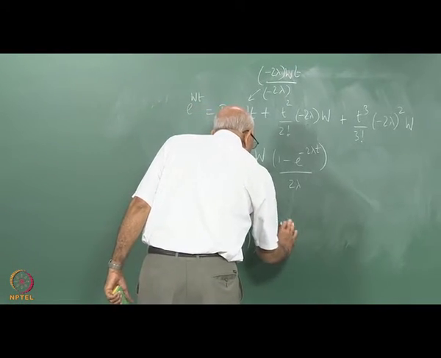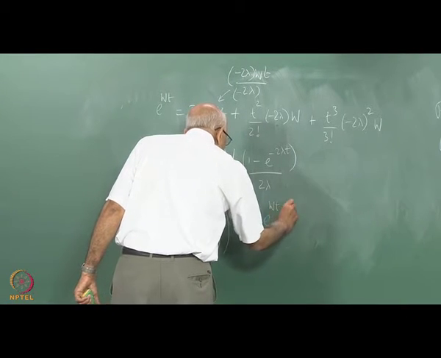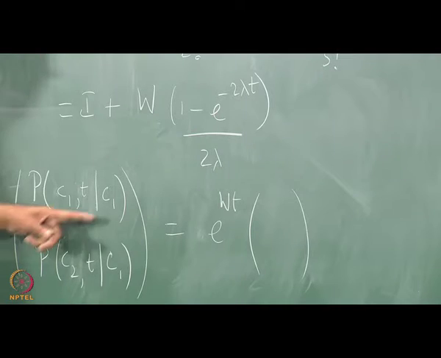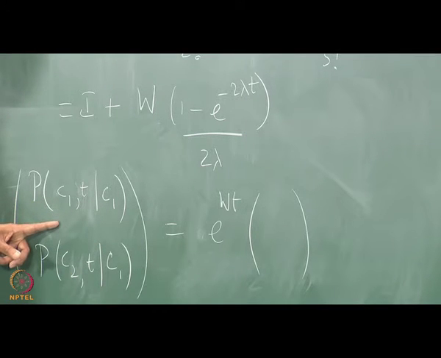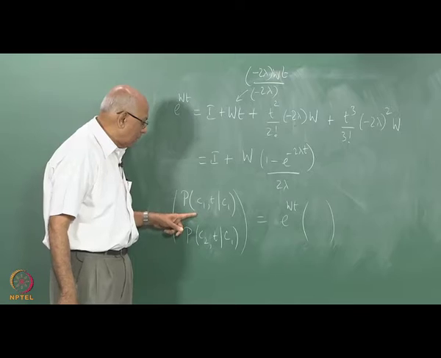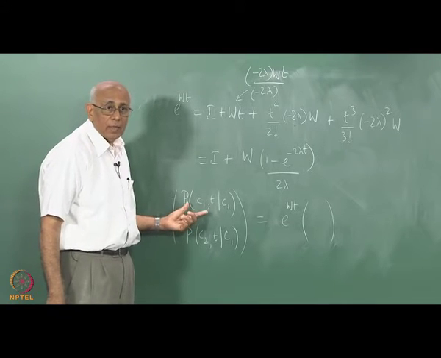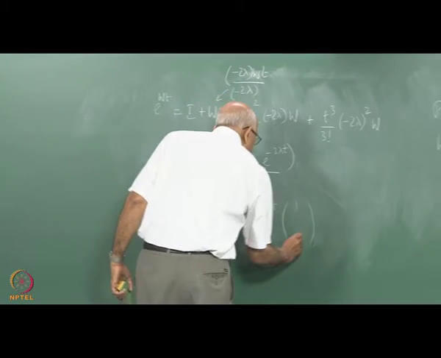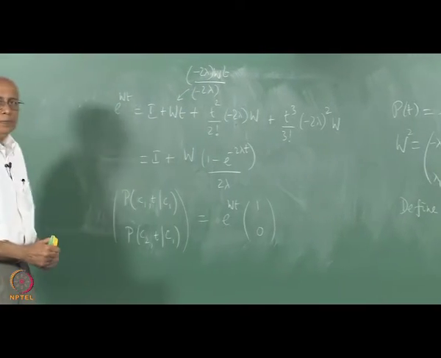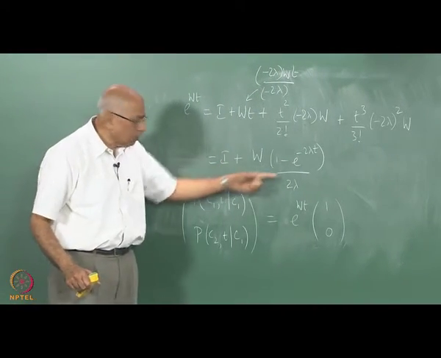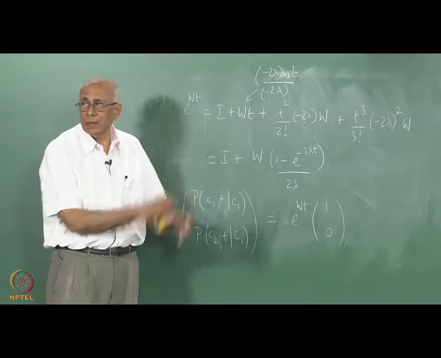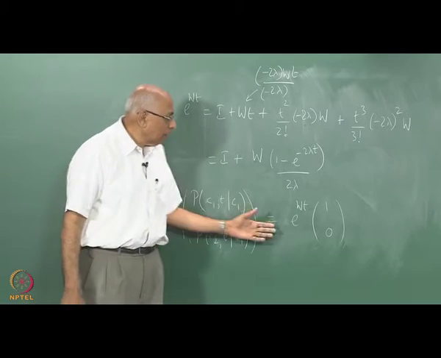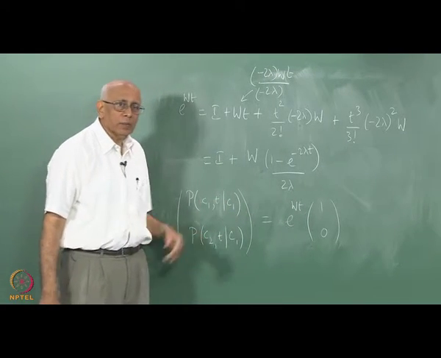What is this equal to? This is e to the wt on the initial matrix. And what is the initial matrix? If I start with C1, it is equal to 1 at t equal to 0. So all you have to do is apply this 2 by 2 matrix, because we know both W and the initial state, and read off these two numbers.